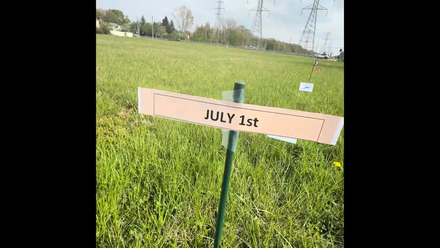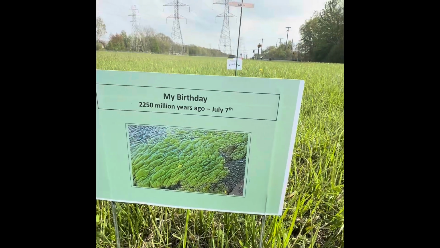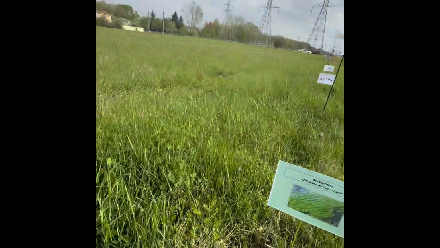Here we are at July 1st, and continuing forward until we've got maybe the most significant event on this entire calendar, my birthday, July 7th, which occurred 2.25 billion years ago. This was another event that I chose to dive into, and in this event, we're going to talk about what Earth probably looked like at about 2.25 billion years ago.